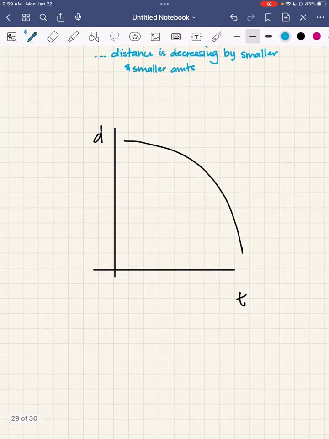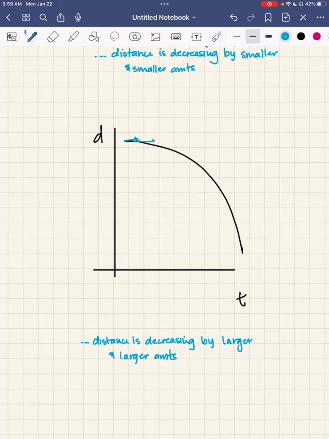All right, then finally for our last graph, we'd be saying, okay, every second that passes, the distance is decreasing still, right? But now it's decreasing by larger and larger amounts. And again, if we break this up, in this second, our distance barely went down. Next second, it went down a little bit more. The next second, slightly more, right?